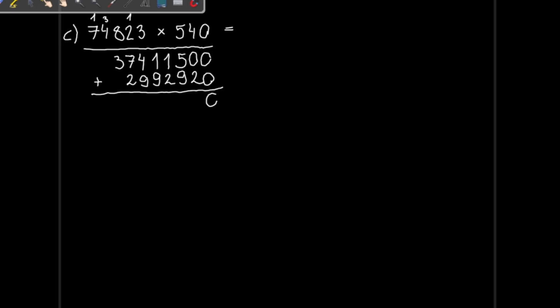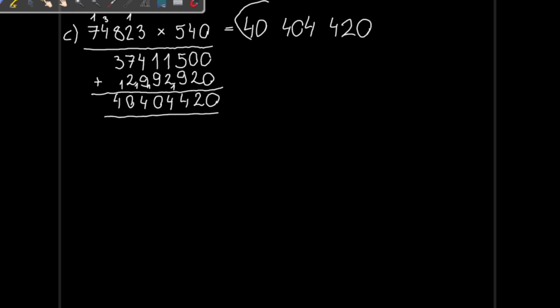So we have 0, 2, 14, 4, 10, 14, 10, and 4. And that's our result. That's a funny number. 40,404,420. A lot of 4s here.